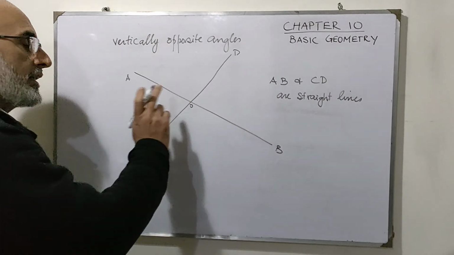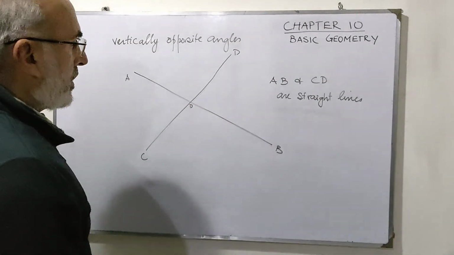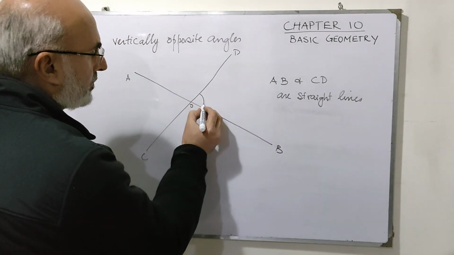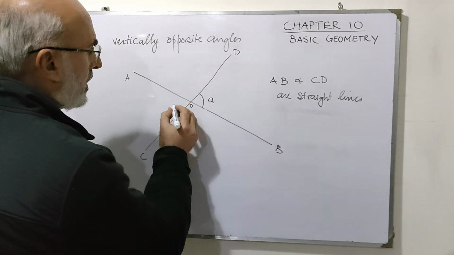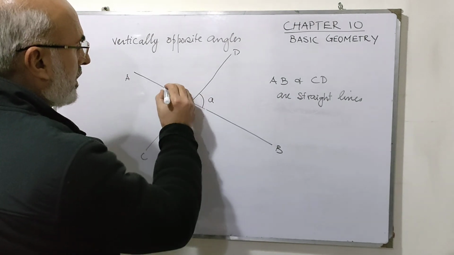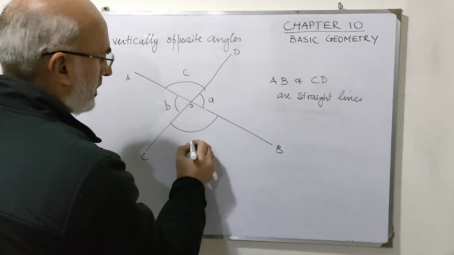And they are intersecting each other at point O. Now, what is happening? We have angles here. This is A. This is B. This is C. And this is D.